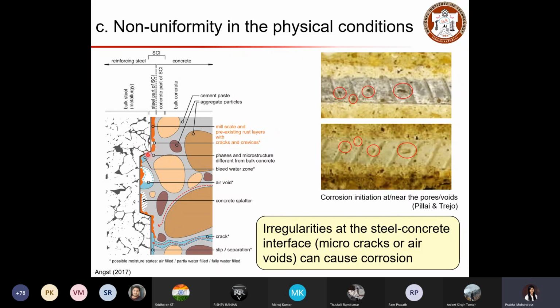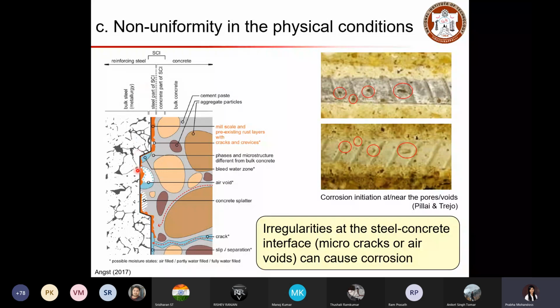And then in the rib portion, wherever we have this reinforcement, the ribs are provided to enhance the bond strength, especially at the interface. So in such cases, these ribs will change the physical conditions. You may observe certain water collections under the rib, which will lead to a bleed water zone. And then you may have some air voids, depending on the compaction that you do.